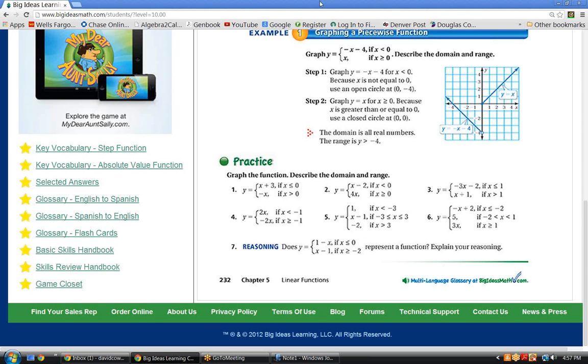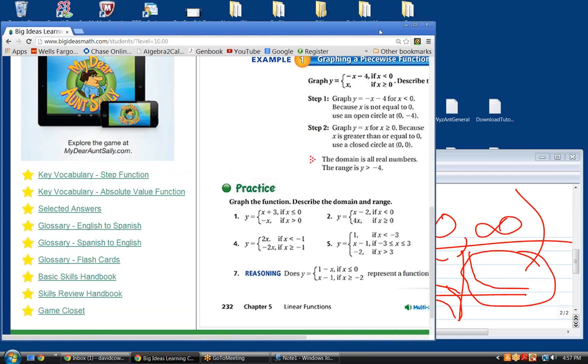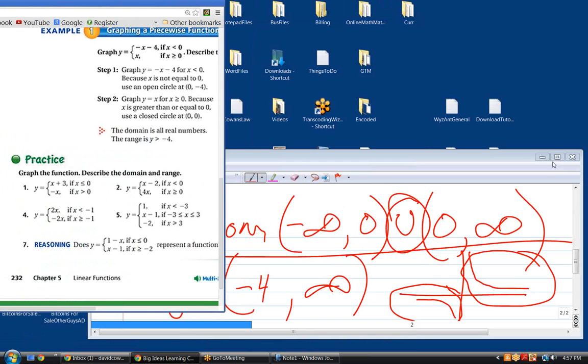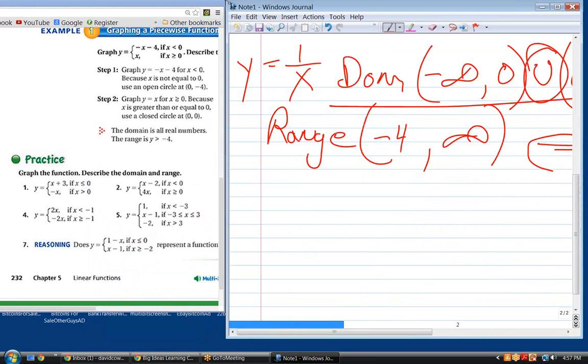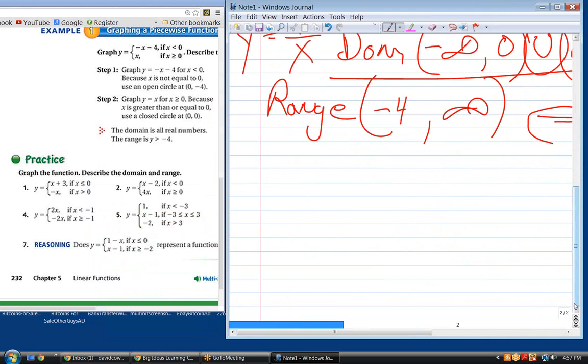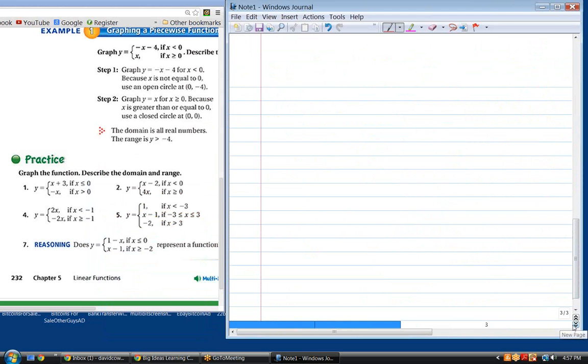Let's graph number 5 real quick, just before we quit here, because we haven't dealt with 3-piece functions yet. So let me graph this one for you real quick.